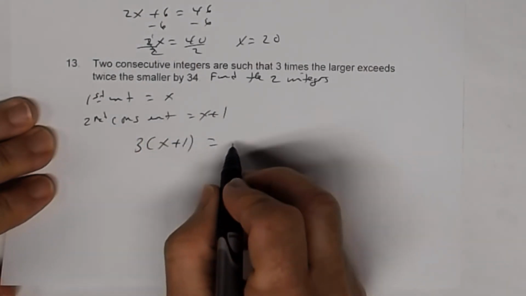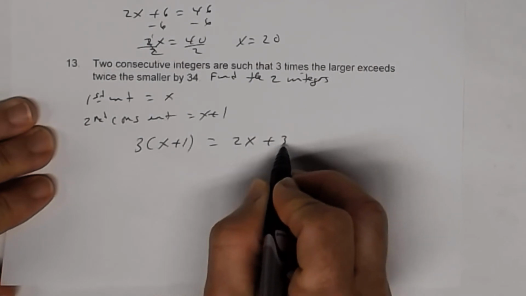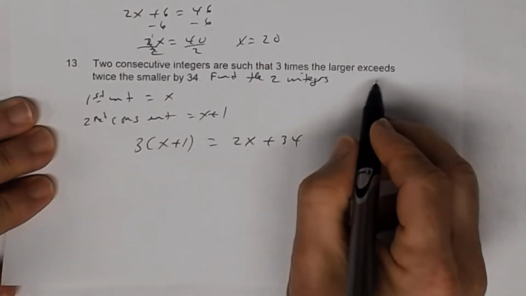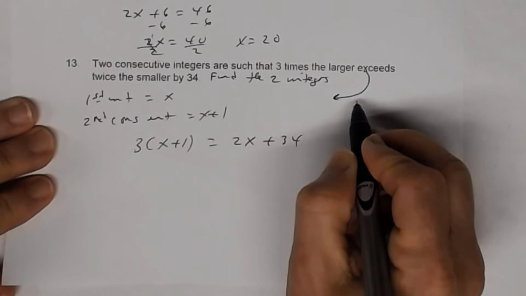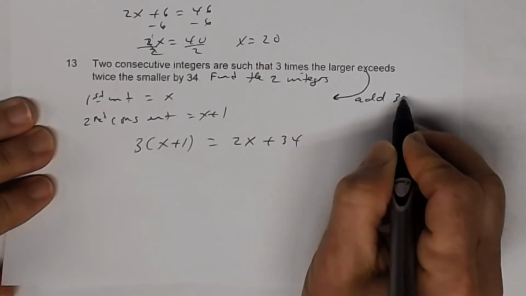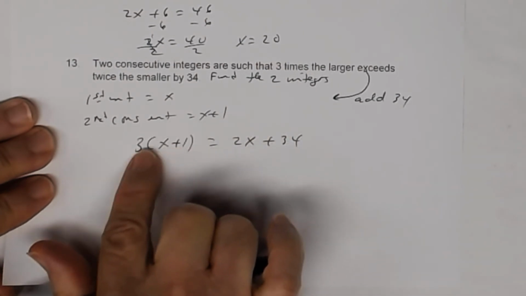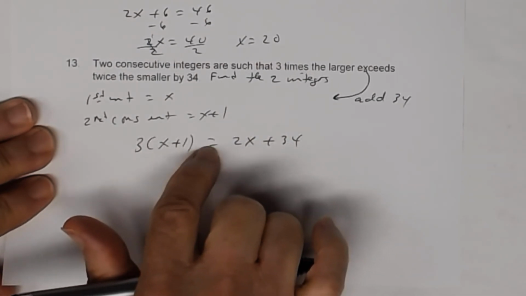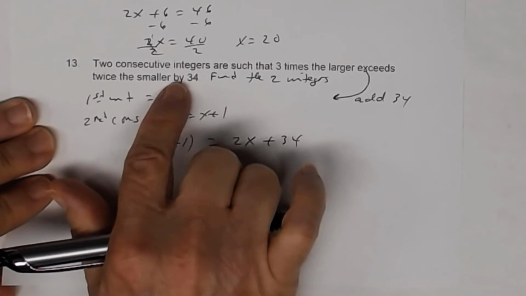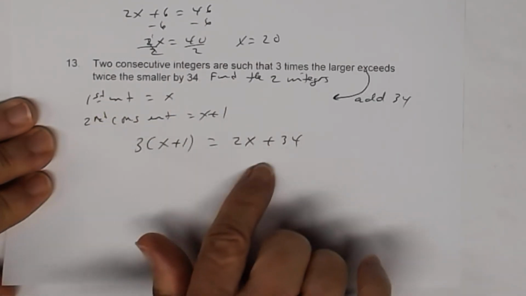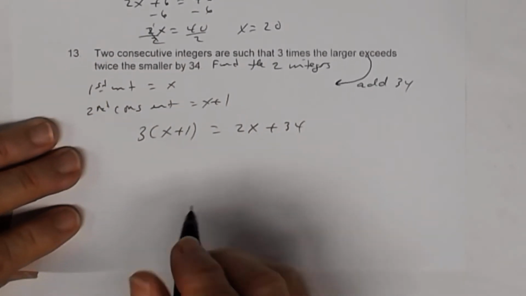The smaller is x, so you can say 2x plus 34, because exceeds means you're going to be adding 34. So 3 times the larger is 34 more than twice the smaller. So there's the equation.